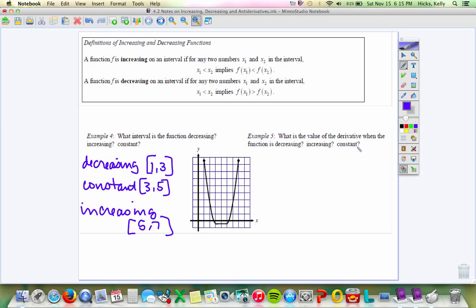All right, let's look at example 5. What is the value of the derivative when the function is decreasing, increasing, or constant? Well, when the function is decreasing right through here, what kind of slope do you have? You have a negative slope. So the derivative is negative when the function is decreasing.